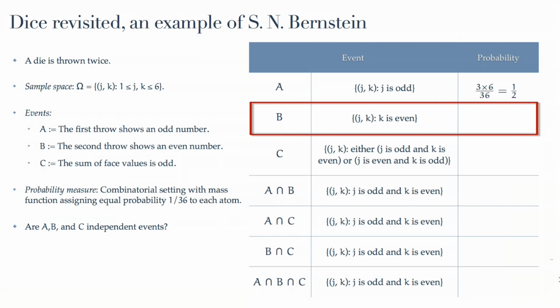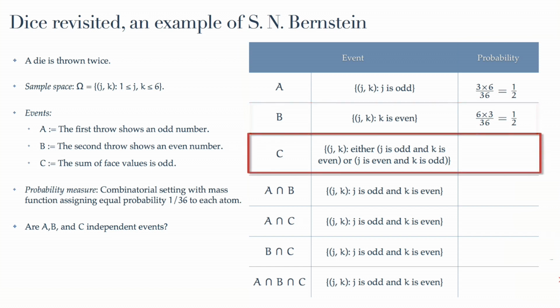And of course, J could be anything whatsoever, 1 through 6. Again, the chance of this: there are 6 possibilities for the first element, 3 for the second. Therefore, there are 6 times 3 or 18 possibilities in favor of the event B out of 36 possibilities, and therefore B, again naturally and inevitably, has got a probability of 1 in 2.